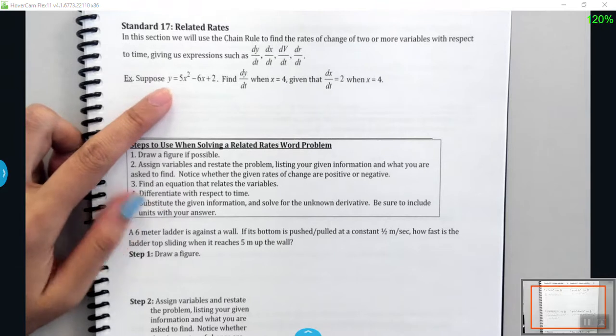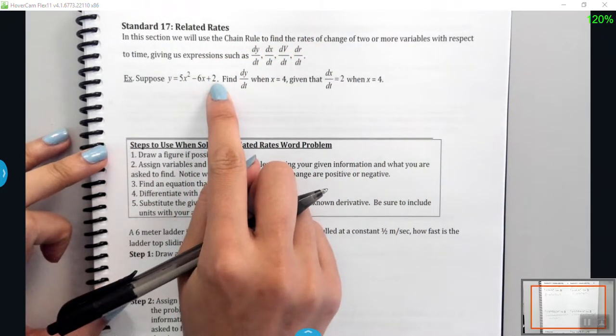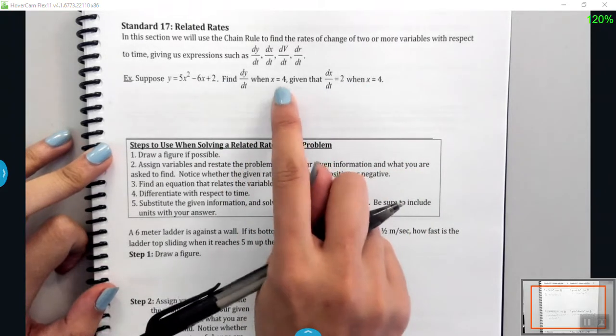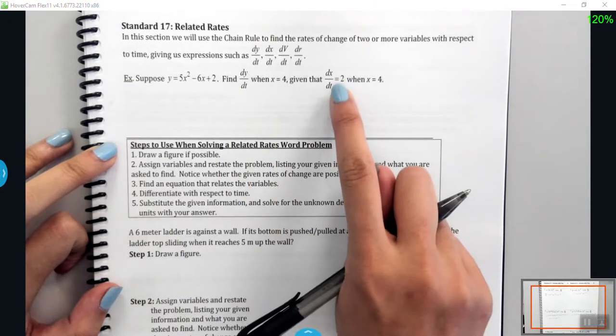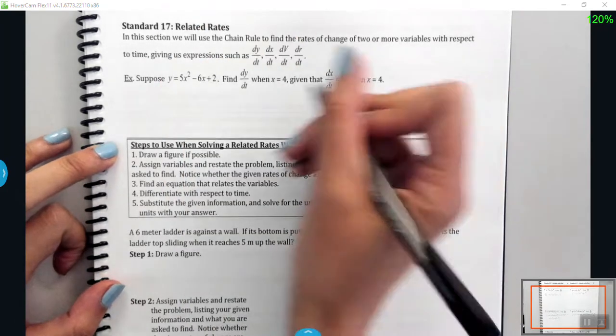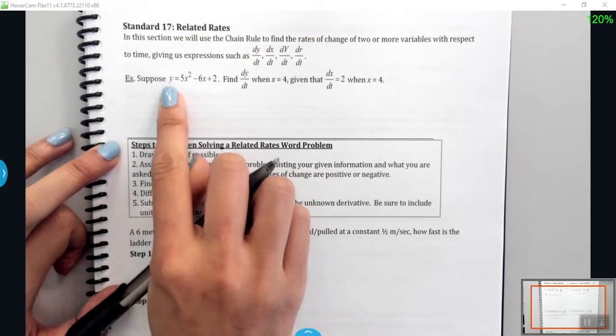So if we started out with just a regular function, y equals 5x squared minus 6x plus 2, and I want to find the rate of dy dt when x is 4, and they give you the rate of dx dt, then here's what you do. You take the derivative implicitly with respect to time.